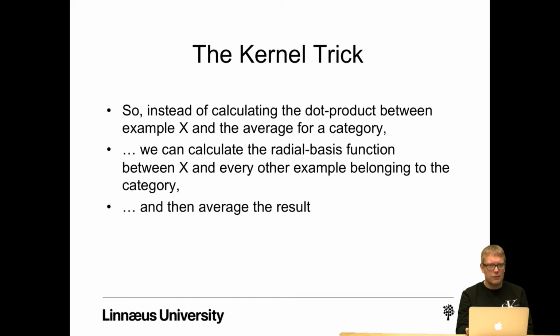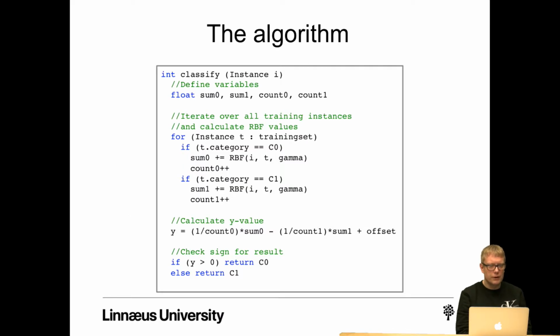So if we look at this in the code, we first define some variables, then we iterate over all training instances and calculate the RBF values. So for all instances in the training dataset, we sum the RBF values for all examples belonging to category C0, and we do the same for all examples belonging to category C1, and then we calculate the Y value.